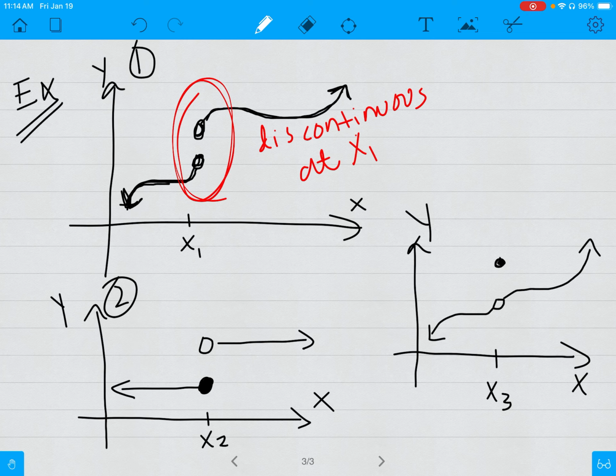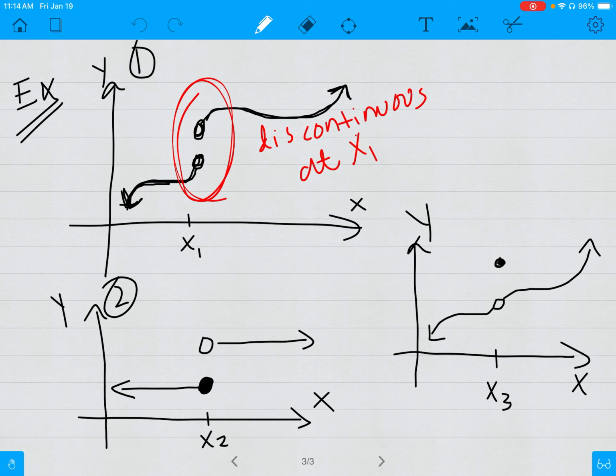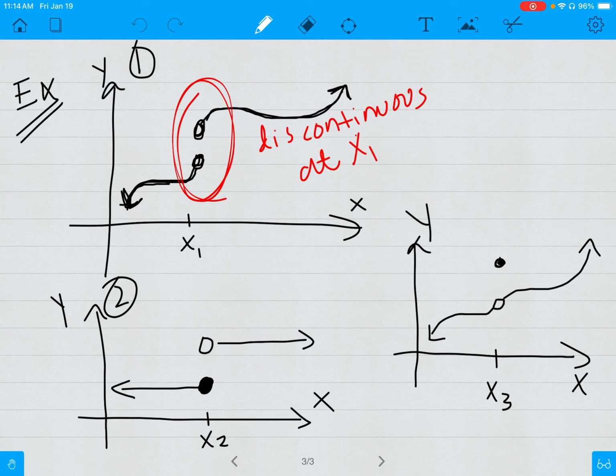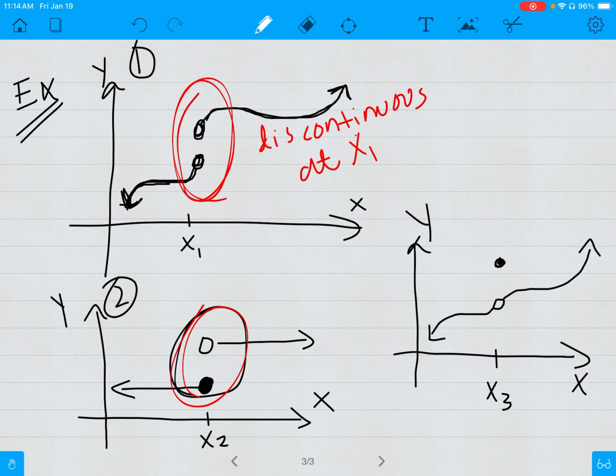However, if we start looking at the limit existing, the limit as x approaches c of f of x, the limit doesn't exist here because if we look at it coming from the left-hand side, we would get one value.